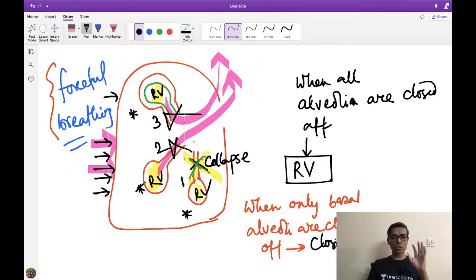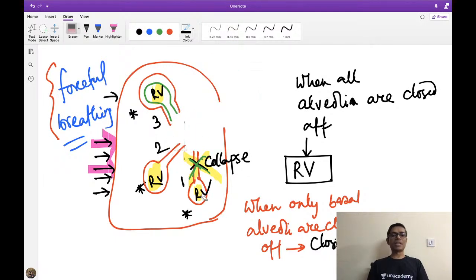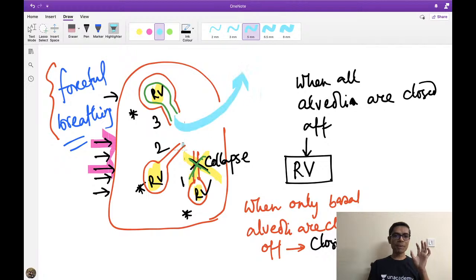So first one is the closing capacity, and now this is the residual volume. Getting my point? I can understand from this discussion that during the forceful expiration, when the basal alveoli are closed, the remaining volume which is present is known as the closing capacity. After the closing capacity, now I know that if I maintain the forceful expiration, air will come out from which level of alveoli?